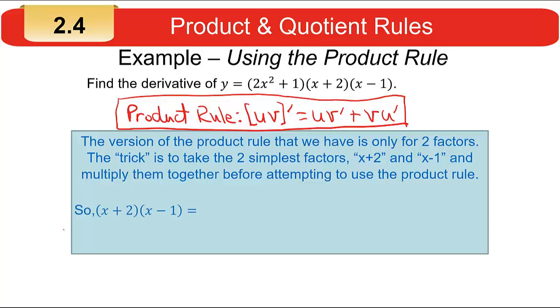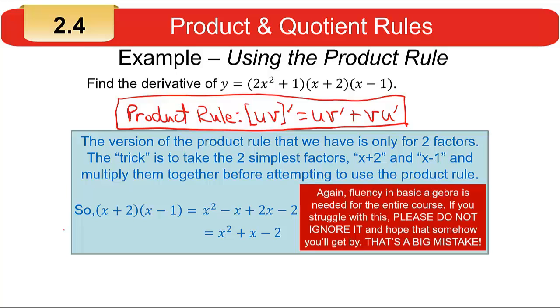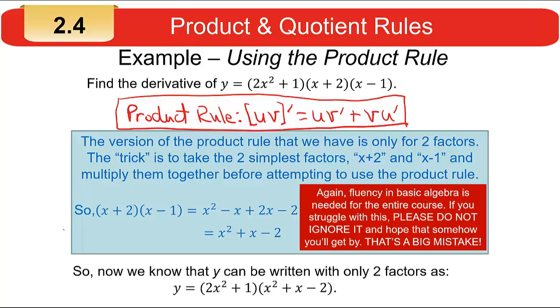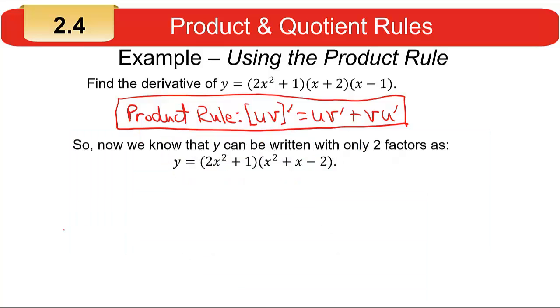So the 2 simplest products are x plus 2 and x minus 1. If you multiply them together and FOIL them out, you'll get x squared plus x minus 2. So again, another illustration of why you need to have pretty decent algebra skills. So now if you rewrite that so that those 2 simpler factors are multiplied together, you now have something that the product rule applies to.